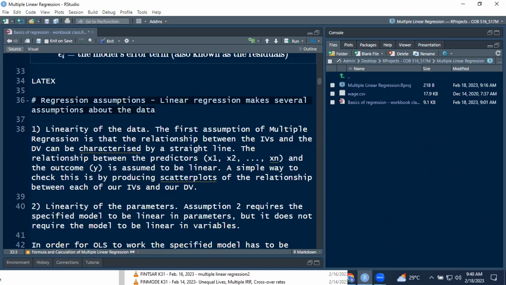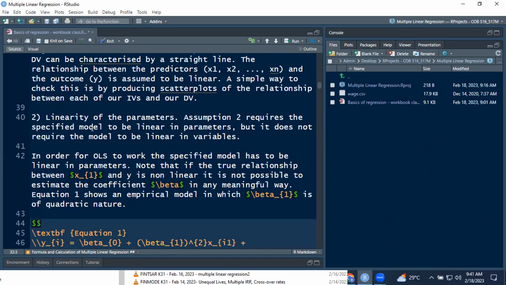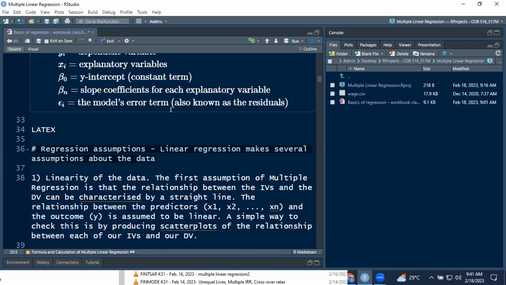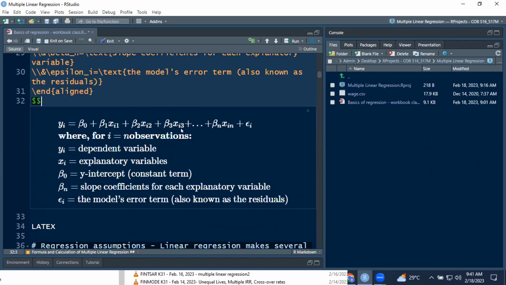Okay, the next assumption is that there should be the linearity of the parameters. What does this mean? A while ago, I showed you the equation, right? This one. When we say linearity in the parameters, the betas here, these are called the parameters, beta null, beta 1, beta 2, they should be linear.